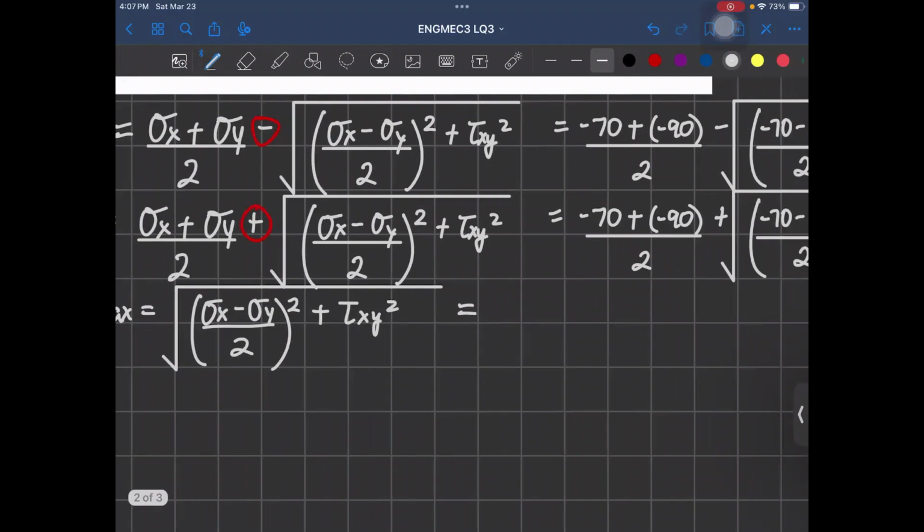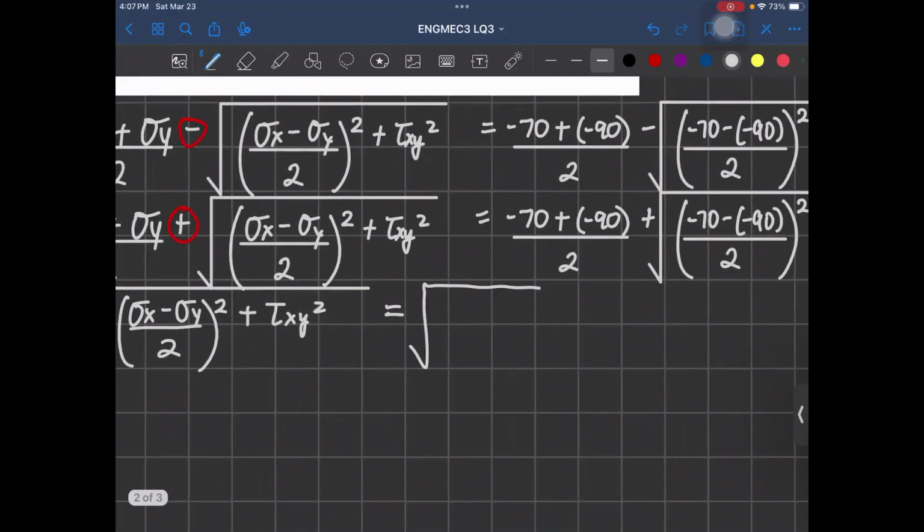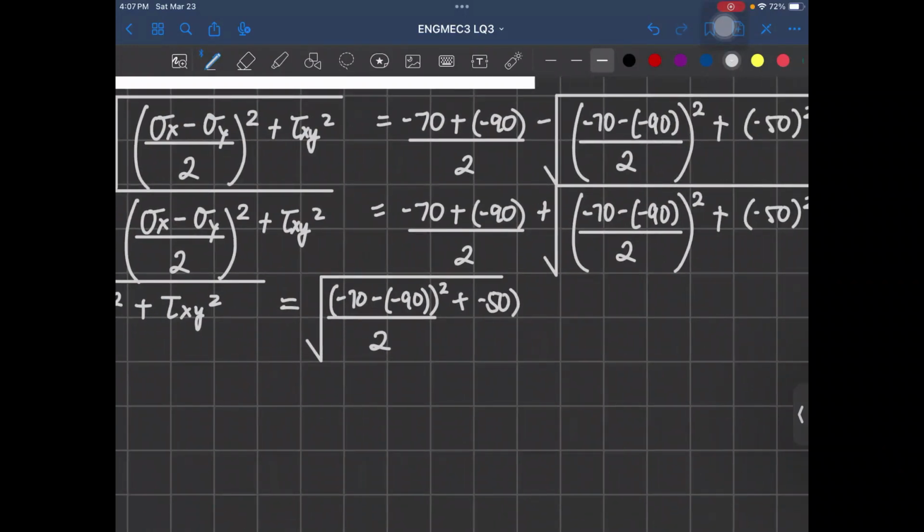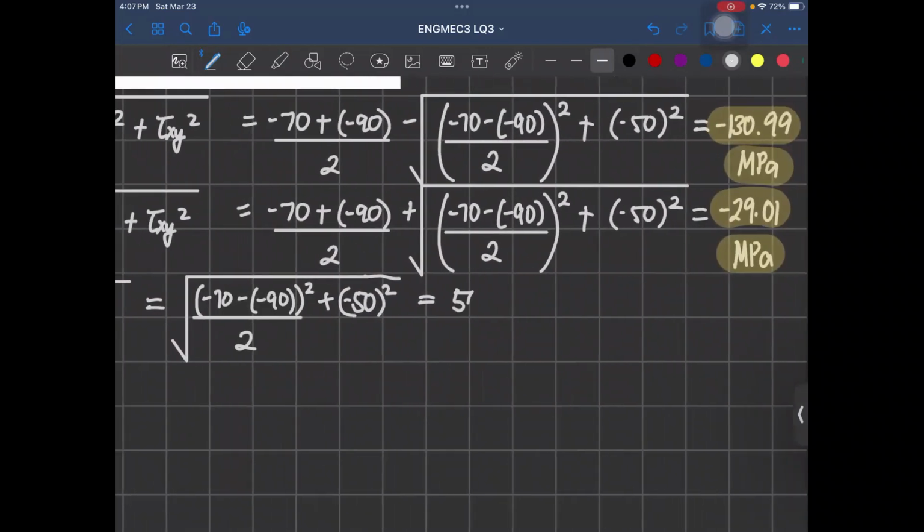So plugging in the values we got earlier, it's negative 70 minus negative 90 over 2 squared plus negative 50 squared. This would give us an answer of 50.99 megapascals. So that's it basically. Then we also need to get our angle.